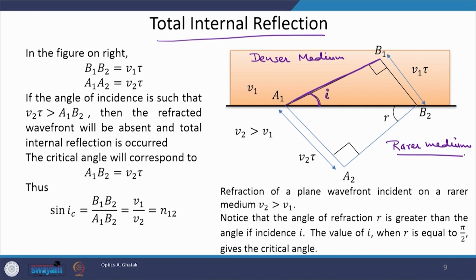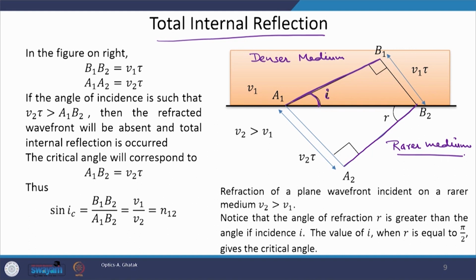Had there been no TIR, had there been usual refraction, this wavefront A1 B1 would have travelled to the rarer medium, and in the second medium it would have been at position A2 B2. The new wavefront position in the rarer medium would have been A2 B2.